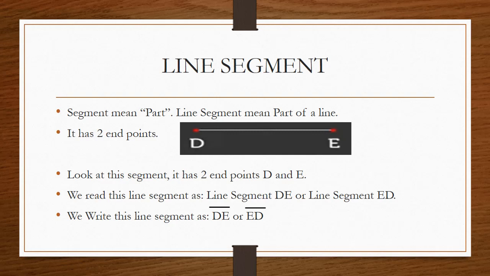While writing, we have to make a symbol just on the top of the DE. You have to draw a small line, that is the symbol for line segment. So while writing this line segment, you have to write DE or ED with the top line.